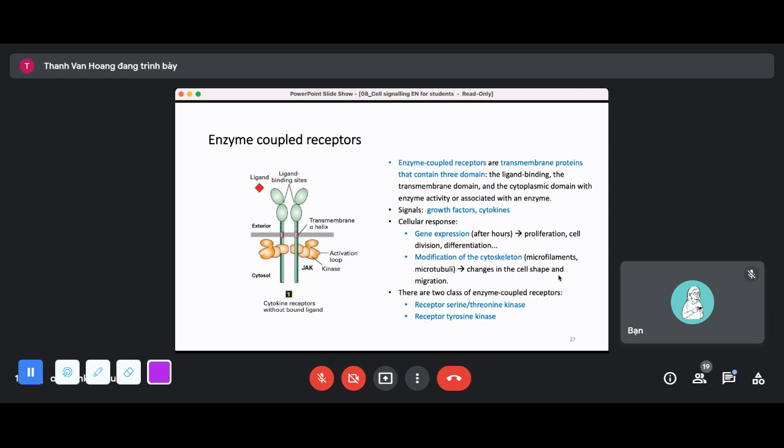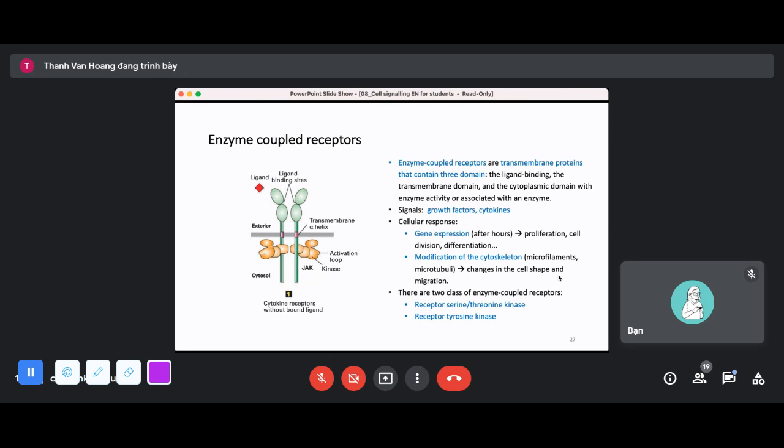On the other hand, when the growth factor activates the receptor, it also induces gene expression and triggers the cells to proliferate, so that they can replace the injured cells in the wound.